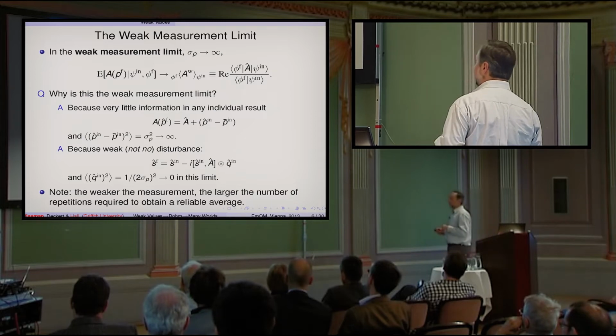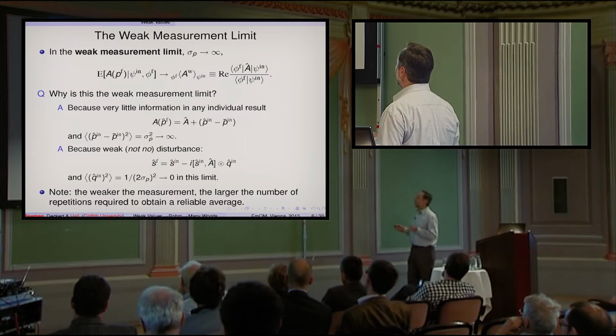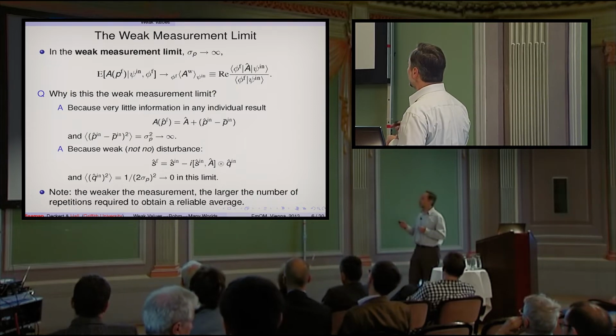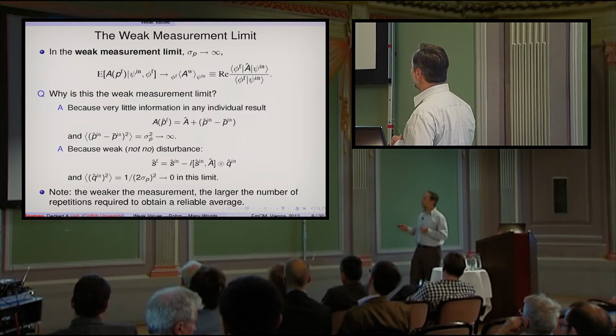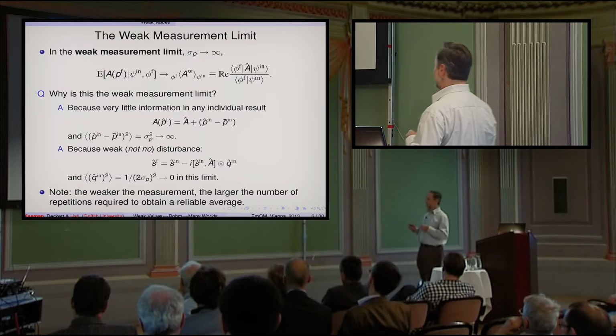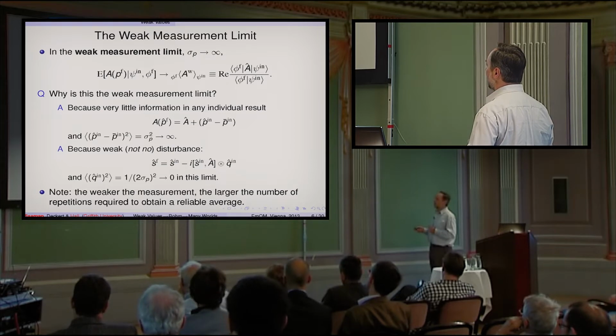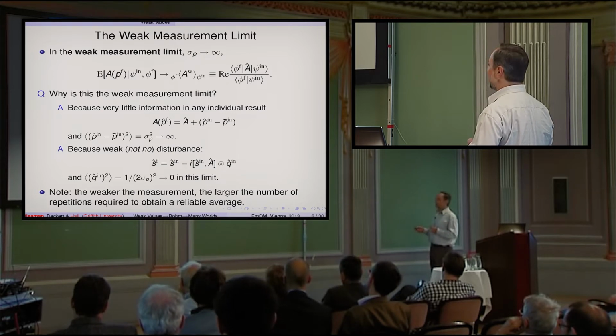But it's also weak, and this is crucial, not only in that sense, which is necessary to call it a weak measurement, but it's also necessary for it to be weak in the sense of causing very little disturbance to the system. And that's a consequence of the assumptions we've made, because I can look at an arbitrary system operator and its final value.